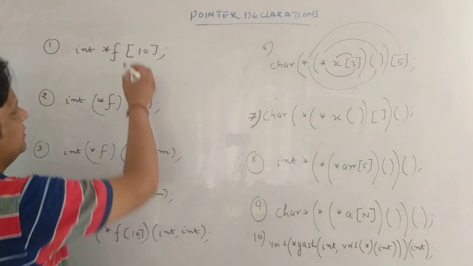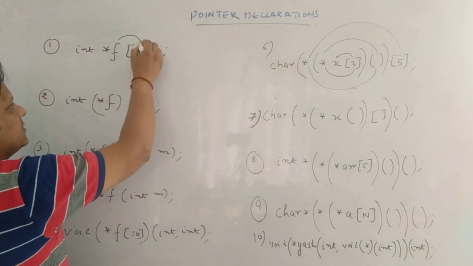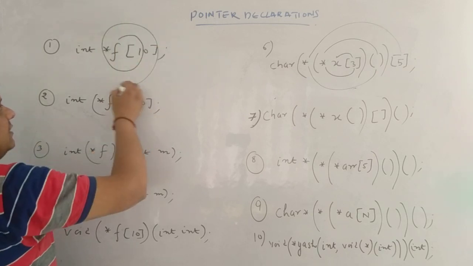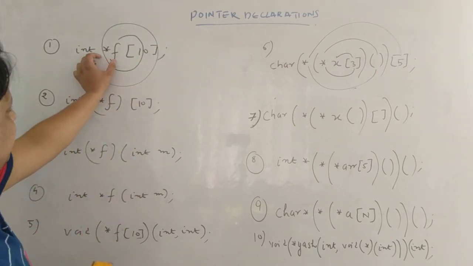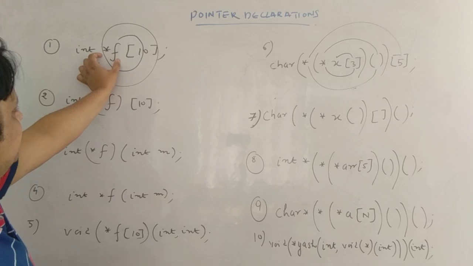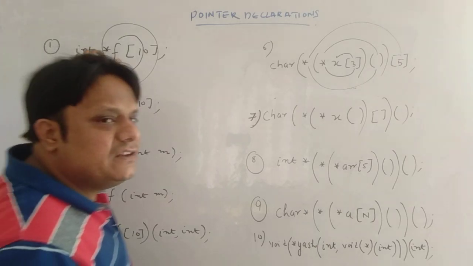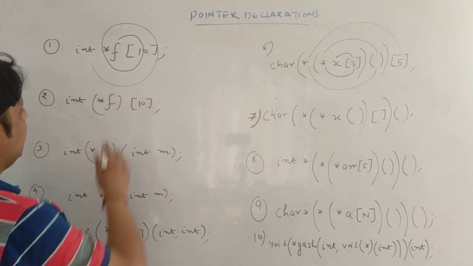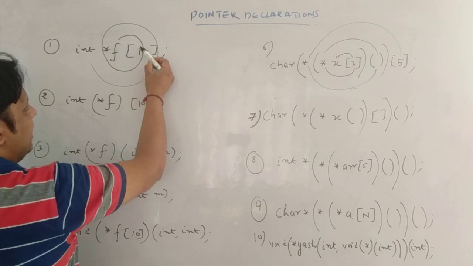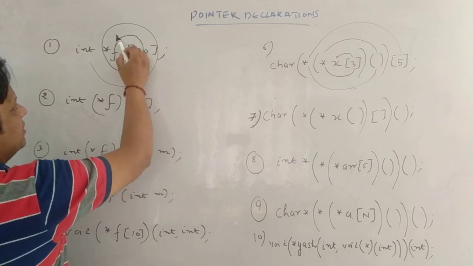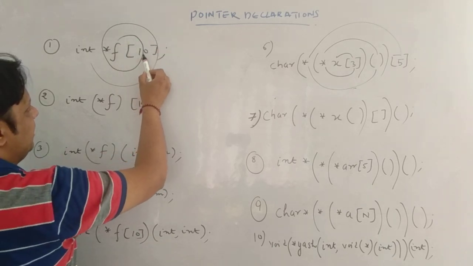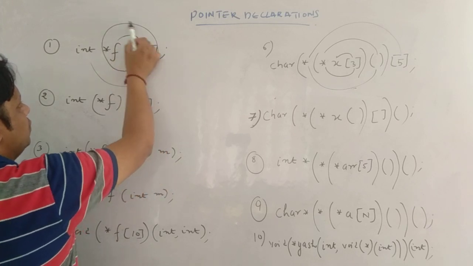Now given this first expression, how will you read this? There is a clockwise rule to read this. We go by this, right, like this. Now what is f? Since this star f is not in a bracket, f is not a pointer, right? So f is an array of 10 pointers to integer.